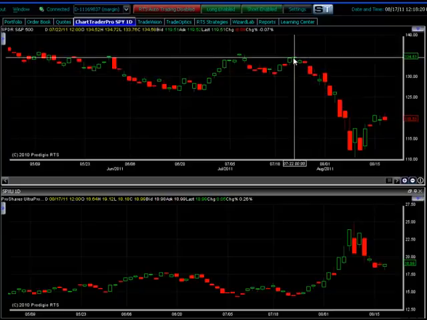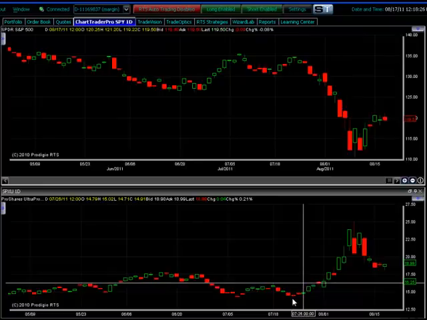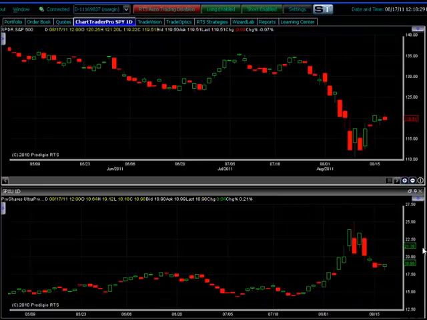What happens is you have an inverse relationship: on the SPY, as the price moves down, on the SPXU the price moves up. If you were to measure the correlation between these two, it would be highly negative. And since they're so tied in as ETFs, this would be very, very negative.